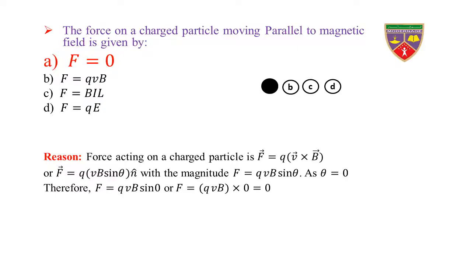As theta is 0, therefore F is equal to QVB sine 0, or F is equal to QVB into 0, which is equal to 0 because sine 0 is equal to 0. Hence, the force acting on a charged particle is F is equal to 0.